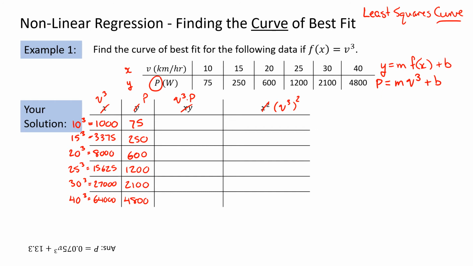So we have, for the first entry, 1,000 times 75, which is 75,000. Then 3,375 times 250, which gives us 843,750. And continuing this trend, 8,000 times 600, which is 4.8 million.